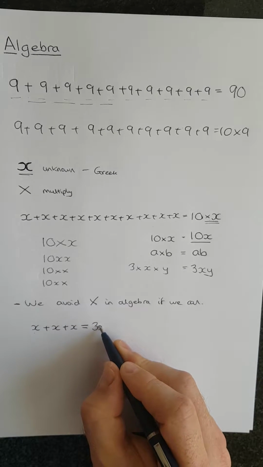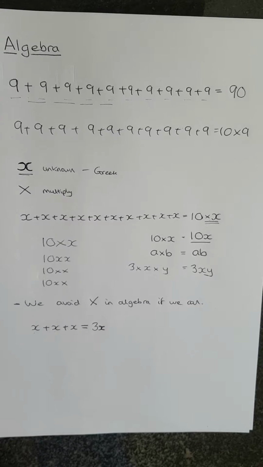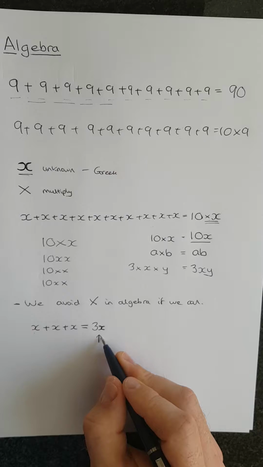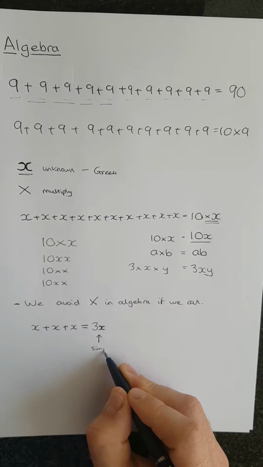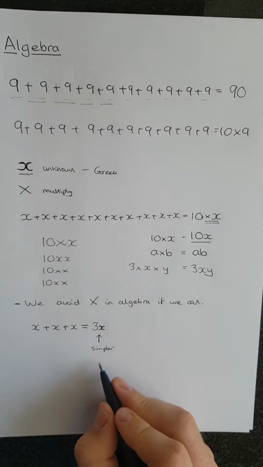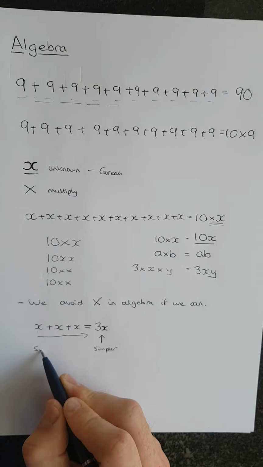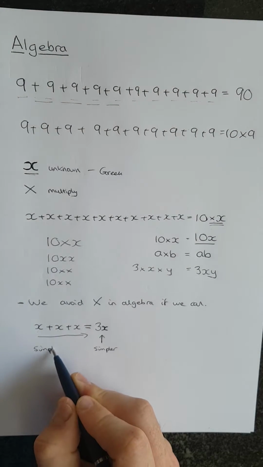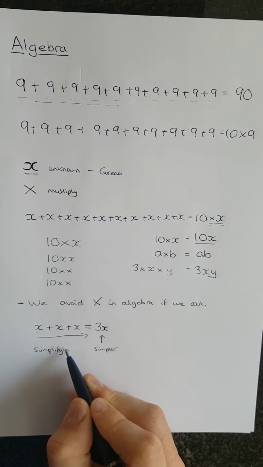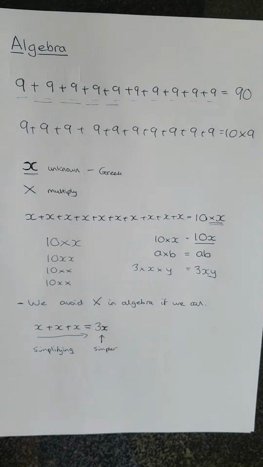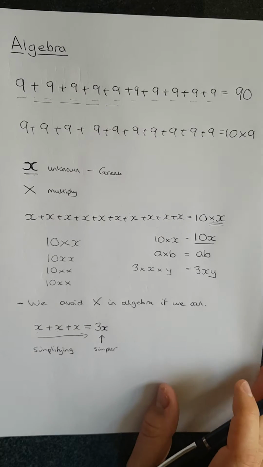So we write 3x. This side here is simpler. In fact, we call this process simplifying. A lot like we simplify fractions. Let's have a look at a little bit more simplifying.